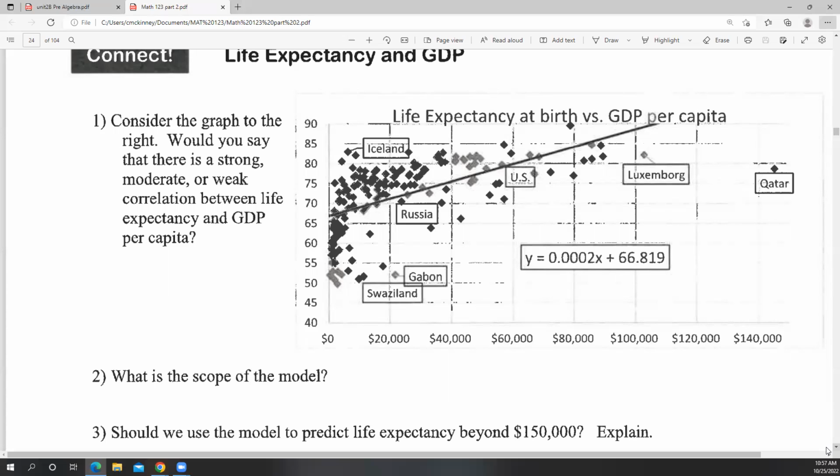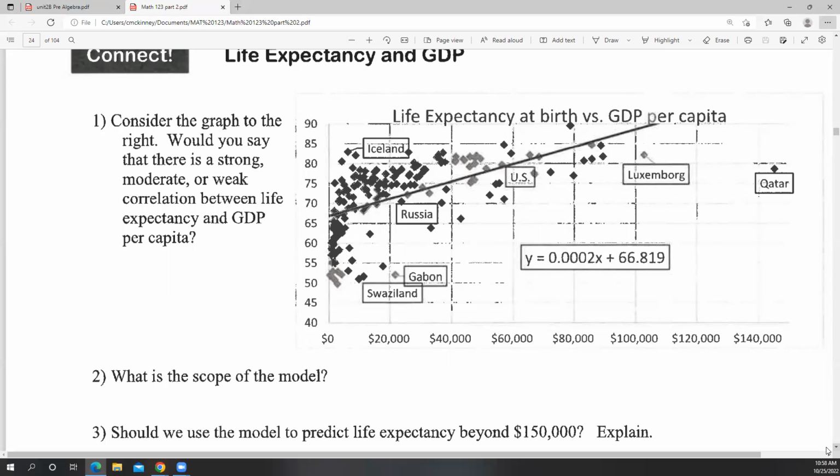We're getting outside already when we see Qatar's number. That dot is far away from the line. So it's already showing that the trend line is not very accurate for someone in the 140s. In the 150s, we would end up with a crazy age of how long people should be living.